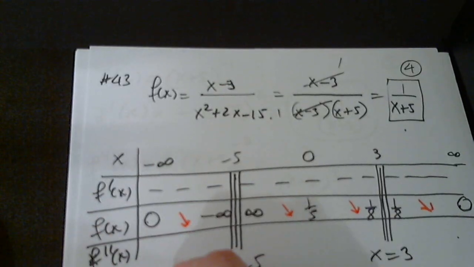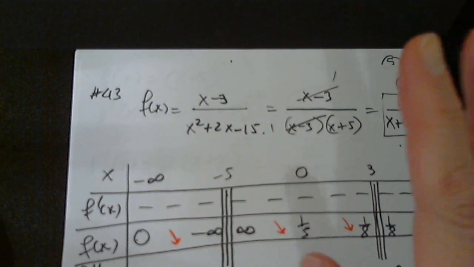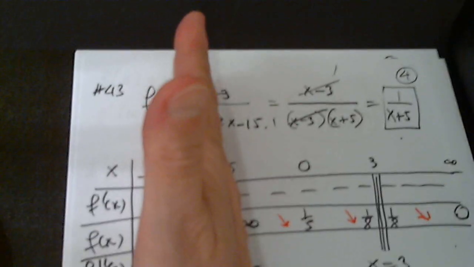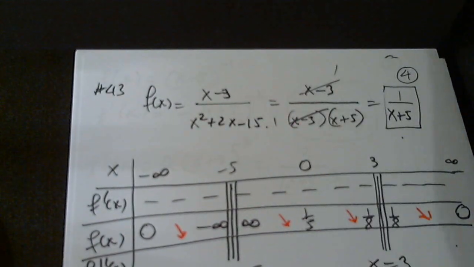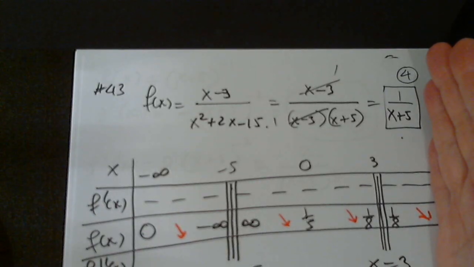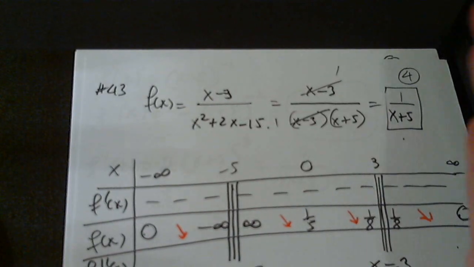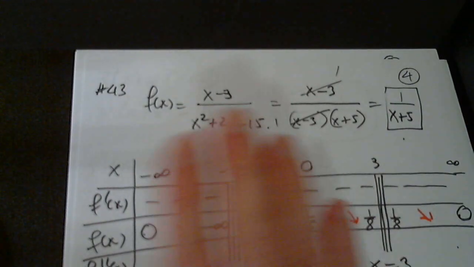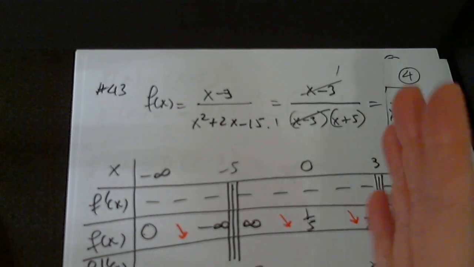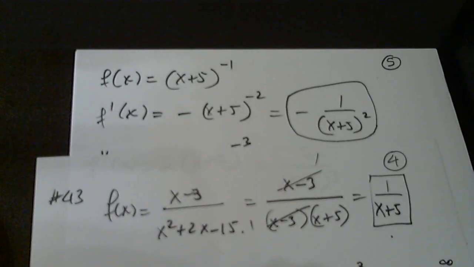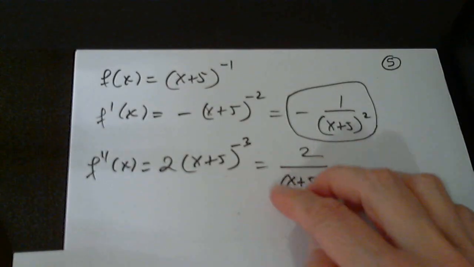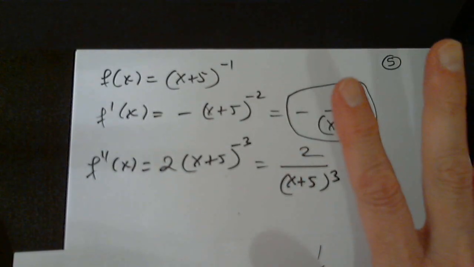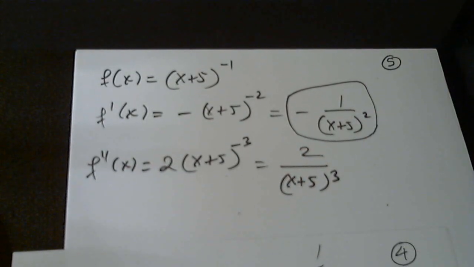Now I have to study the sign of the second derivative. I have to be careful. I have to pick a number to the left of negative 5. I will pick a number like negative 10, and I will pick probably a number like 0 and 10. Although, this is the key, either left or right. Okay, so let's plug in negative 10. I need the sign, only the sign. I don't care for anything else.